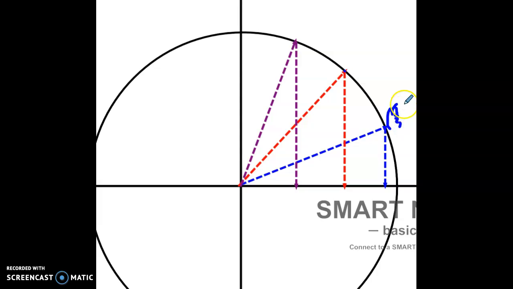And then hopefully, along with downloading the notes, you also downloaded that blank unit circle. And your job is to complete that. And here's how you would do the first quadrant, completing that unit circle.